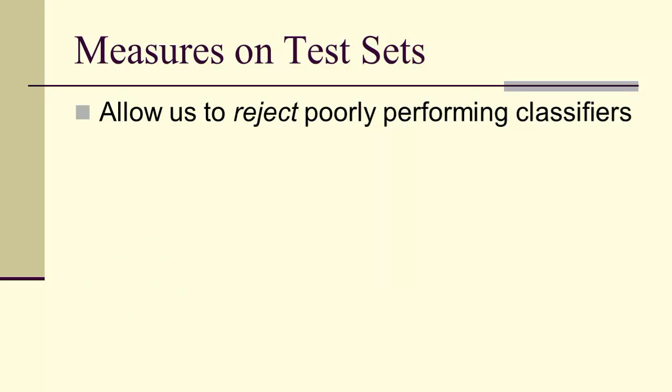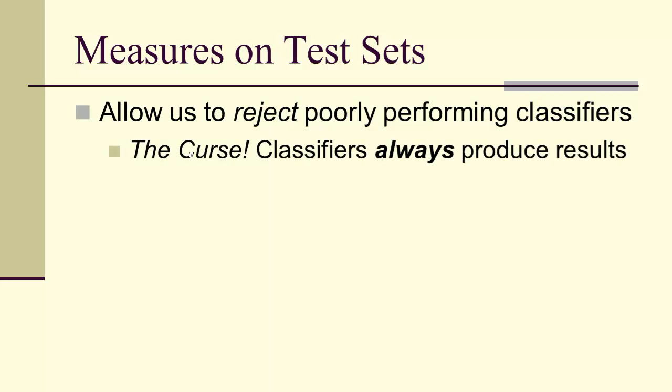Measuring on test sets in particular allows us to reject poorly performing classifiers. And the reason we have to do this is we have to remember that big data is cursed. Classifiers always produce results. It doesn't matter if we have a good classifier or not.